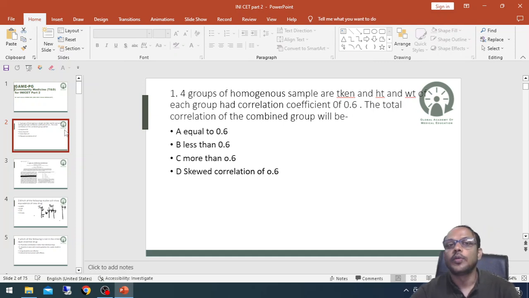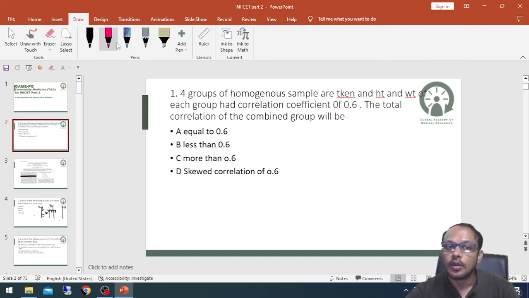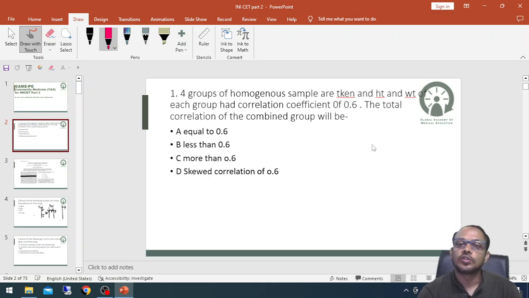A group of homogeneous samples is taken, and the height and weight of each group had a correlation coefficient of 0.6. We all know that for the correlation coefficient we make a dot diagram or scatter diagram. For example, this is group A, okay, 4 groups are there.